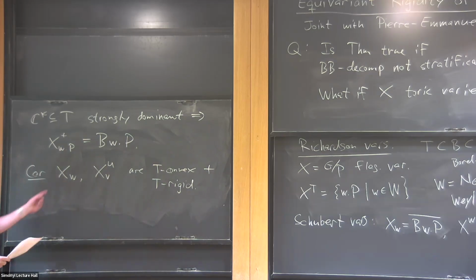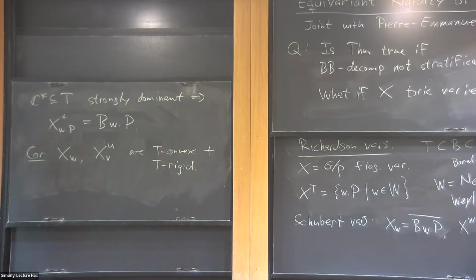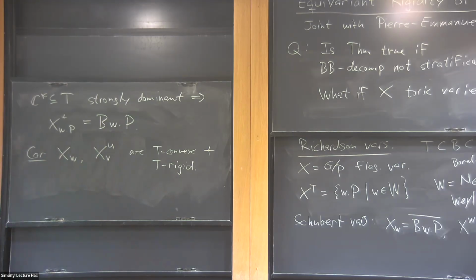So in particular, these subvarieties are uniquely determined by their equivariant cohomology classes. For the Schubert variety, that's just a Białynicki-Birula cell closure, so everything is fine. For the Richardson variety, any intersection of T convex things is also T convex, and the Richardson variety is also irreducible, so that implies that it's rigid.